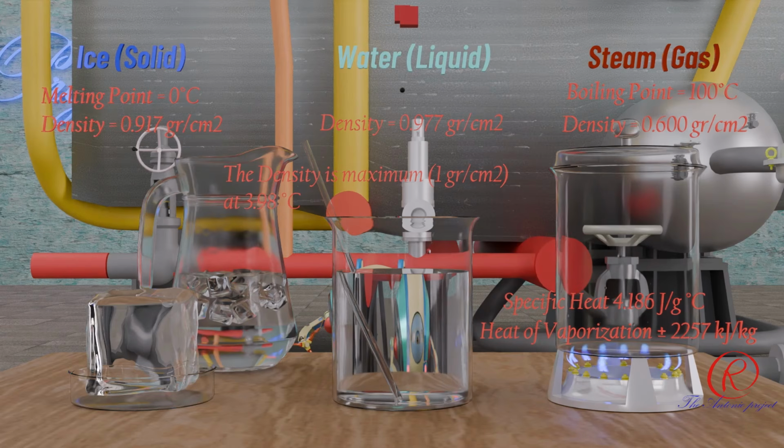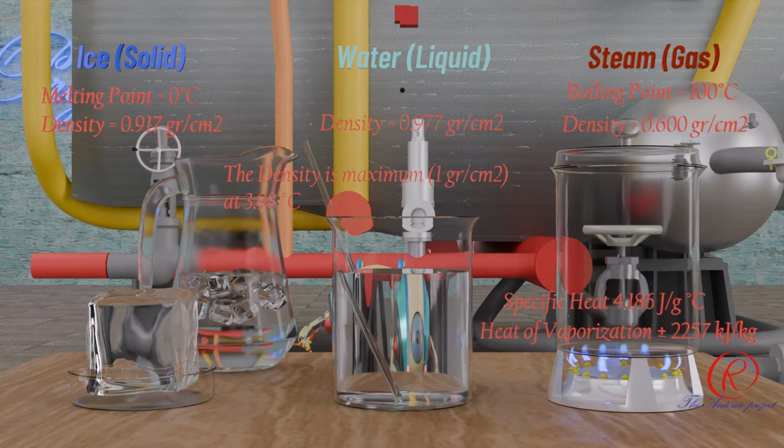Density of water is the mass of water contained in a unit volume. It shows how closely water molecules are packed together. Ice: melting point is 0 degrees Celsius with density of 0.917 gram per cubic centimeter, which is unusual because most substances are denser in their solid state.